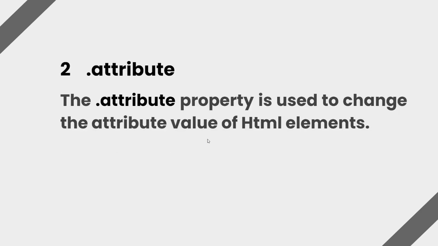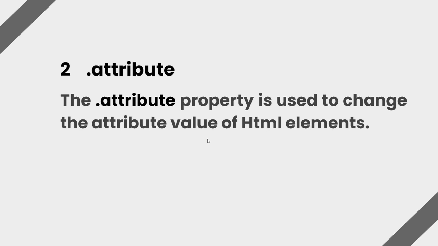For the next property, we have the attribute property. Now I know that this particular property is new to everybody. We've not touched this. We probably have not heard about this before. And so this attribute property is used to change the attribute values of HTML elements.